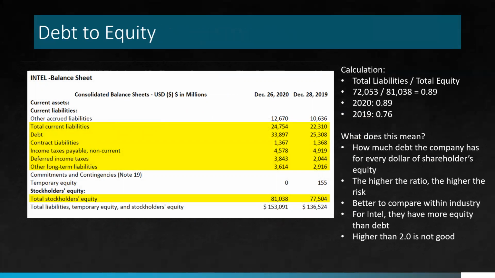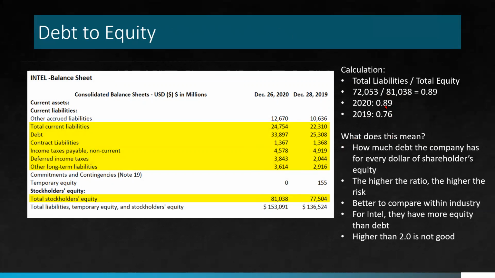Next we're going to look at debt to equity, and the calculation takes the total liabilities divided by the total equity. For total liabilities, we've taken these line items, and that gives us our total liabilities, which is 72,053, and we're going to divide that by the total equity, which is on the balance sheet at 81,038.